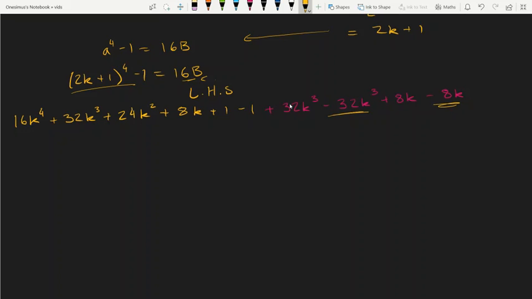Now we can reorganize this and move these terms across to the left to get 16k to the 4th minus 32k cubed plus 24k squared minus 8k plus 1 minus 1.